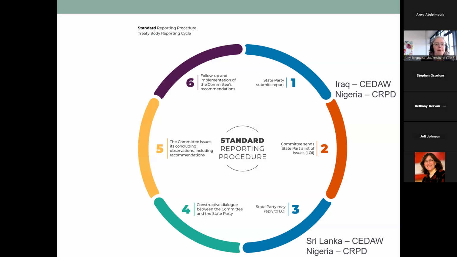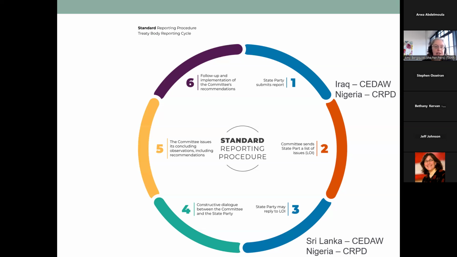And when the state party provides a written reply, that's also a chance for us as civil society organizations to take another bite at the apple, to say, okay, we looked at what you, the committee experts, put in your list of issues, and we looked at what the state party said in reply, and here's some additional information, or here's where the state party reply was skirting the issue, avoiding the truth, just ignoring things altogether. That gives us another chance to put information in front of the experts before they conduct their actual review.